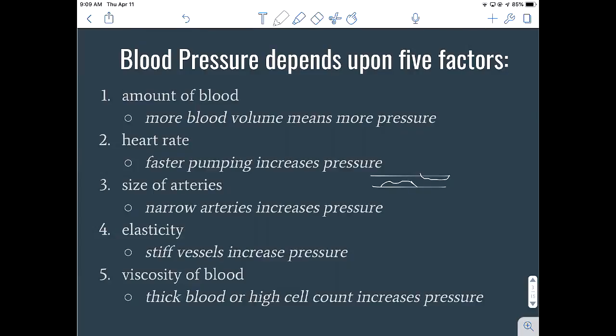Oh, yeah. You can see that the area to get through is now smaller, so a narrower artery increases the pressure. So we see a lot of these 5 factors really are directly related to our health. And essentially all of the health issues that we have related to our heart can mostly be broken down into effects to these 5 places.